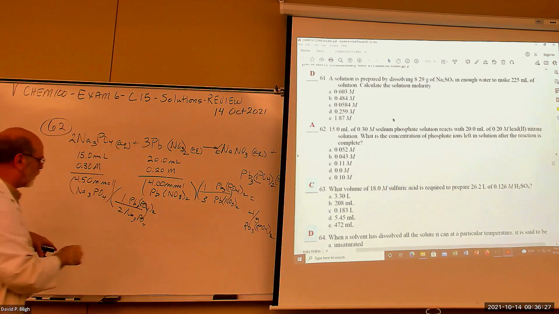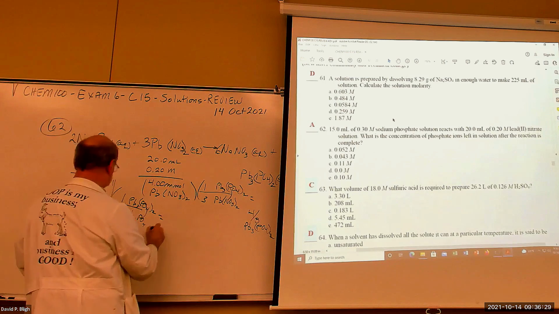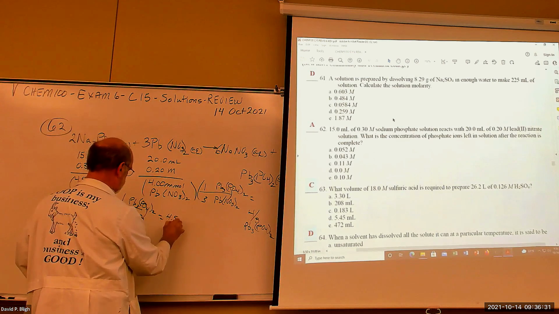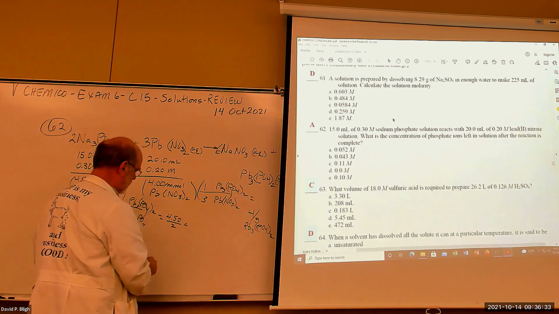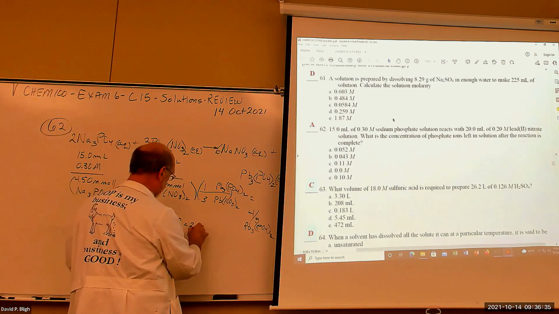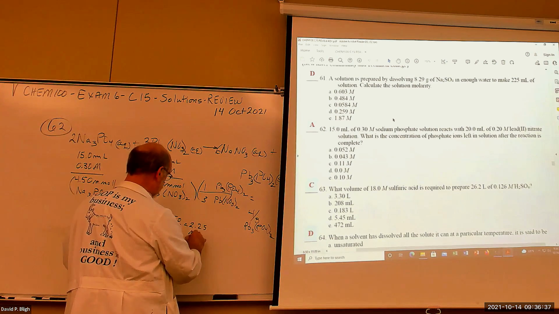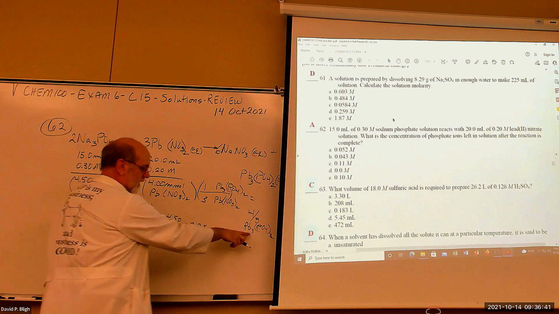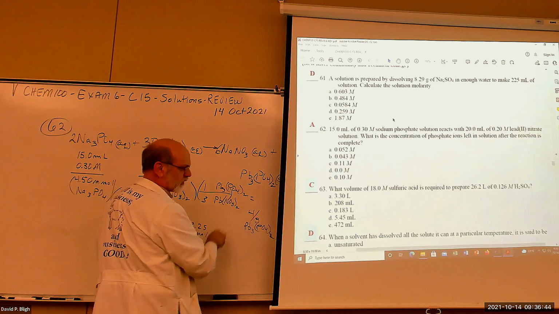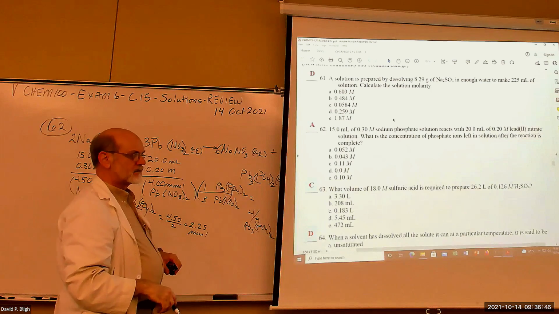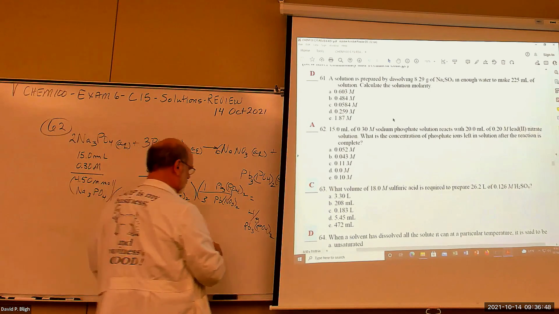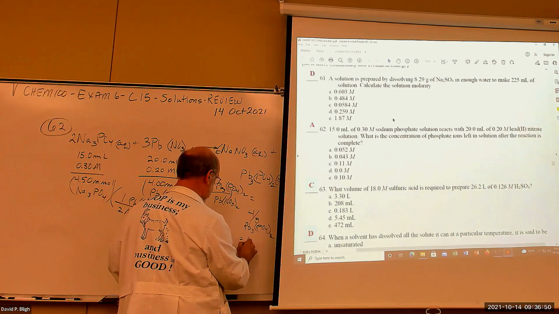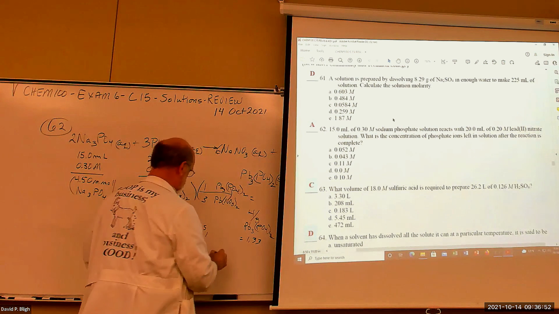So 2 into 4.5 is what? Well, it's 2.25, correct? Millimoles of lead phosphate. And this one is 3 into 4 is 1.33 millimoles.